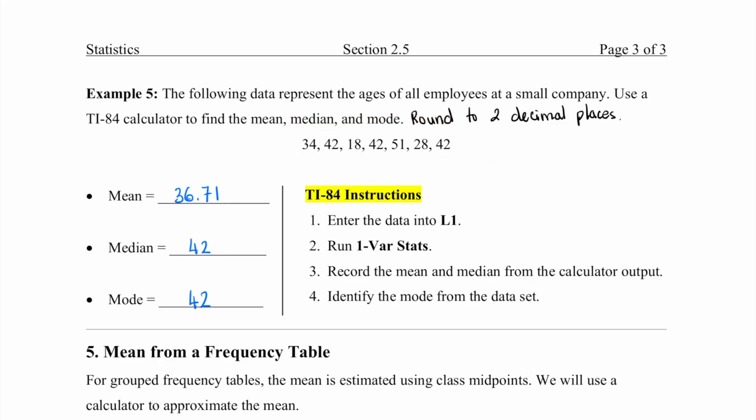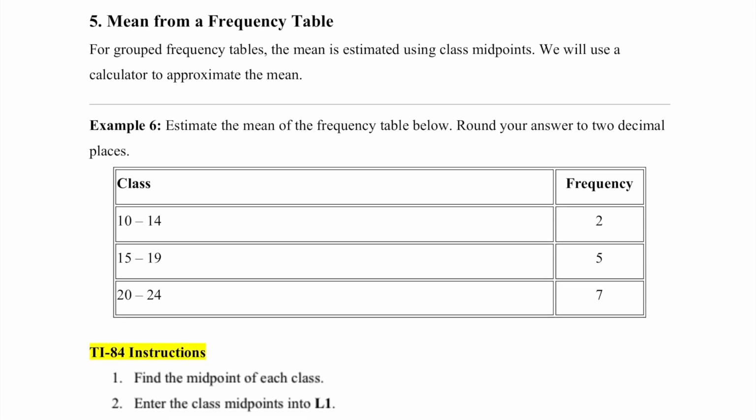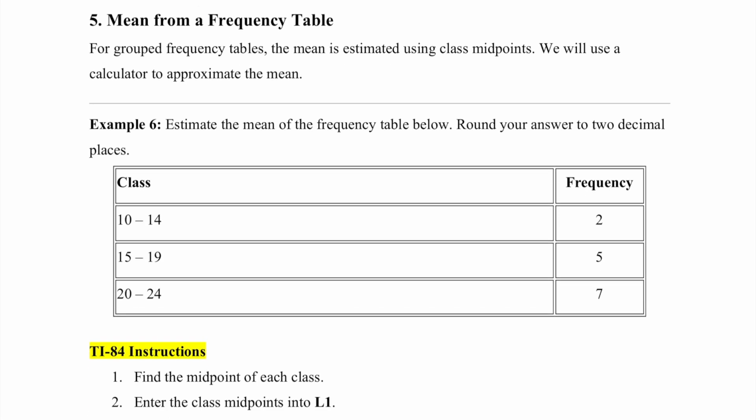Because we had every data value, we could add them together and divide by the number of observations to find the mean. But sometimes we don't have the original data available. Instead, the data are summarized in a frequency table. A frequency table tells us how many observations fall into different classes or intervals.